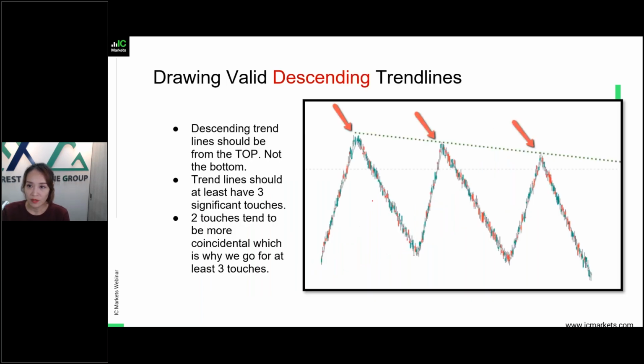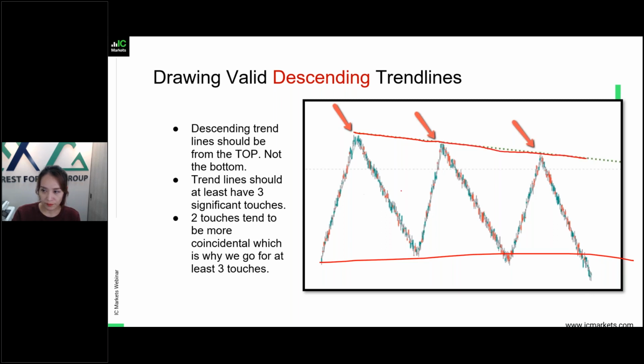All right, what about when you draw a descending trend line? Again, you draw from the top, not from the bottom. Always draw from the top here, because when you draw on the top, we try to push the price down here. I'm trying to explain how you guide here.